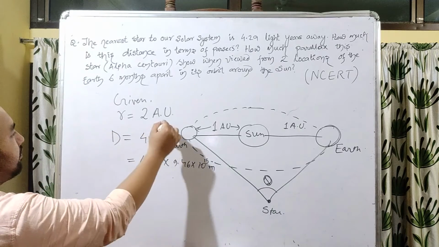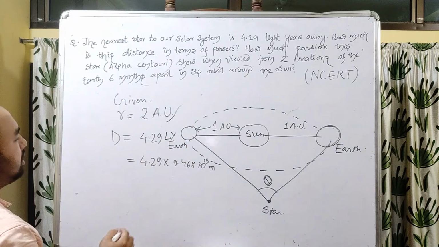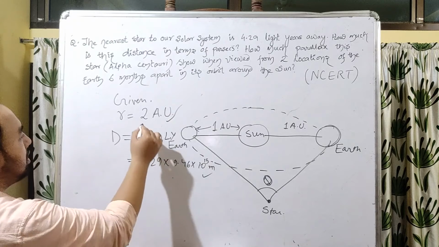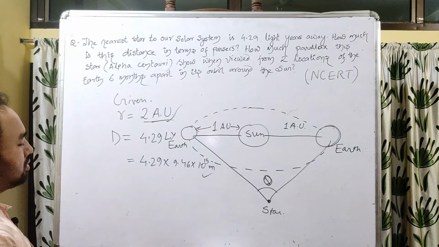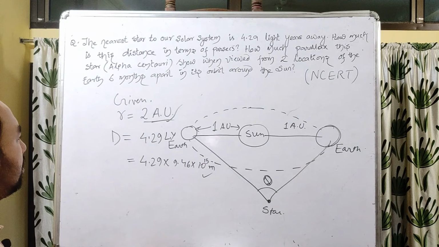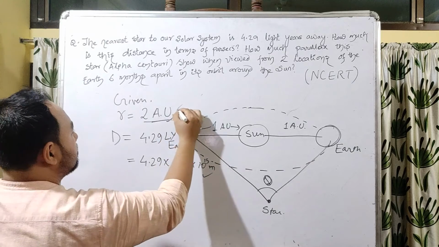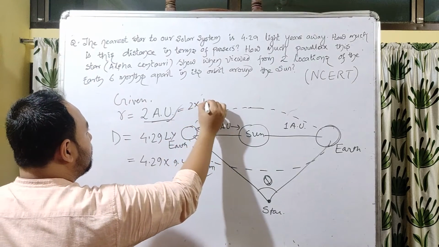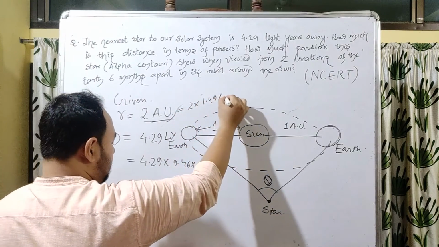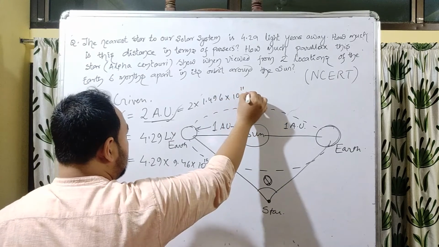Okay, so we have got the radius over here, then distance. This astronomical unit also we have to convert into meter. So this will be 2 into 1.496 into 10 to the power 11 meter.